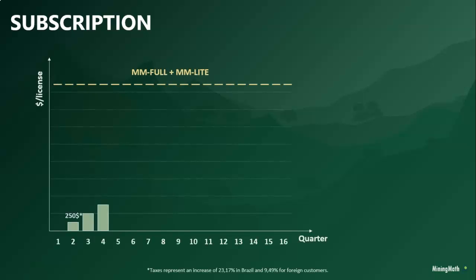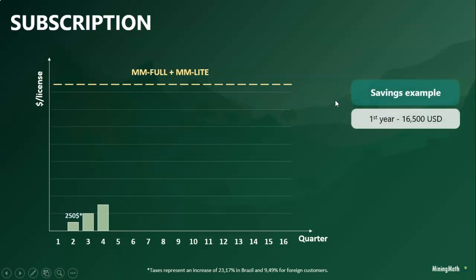So here we have a comparison between the subscription and the normal MindMath Full plus the MindMath Lite. So here is the normal price bracket, and here is the first time you will pay just the demo, and after it will start to increase. And for the first year, here we have this comparison.